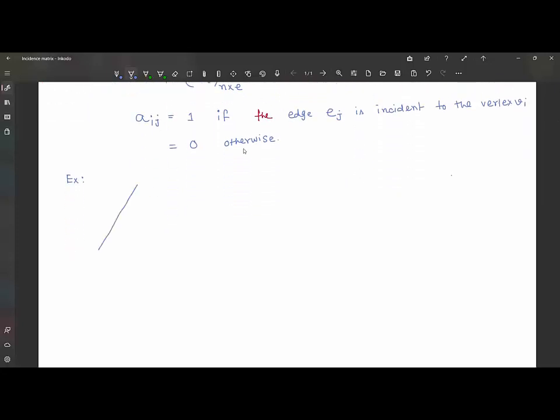So we are taking one example of a non-directed graph. Suppose the vertices are V1, V2, V3, V4 and V5.